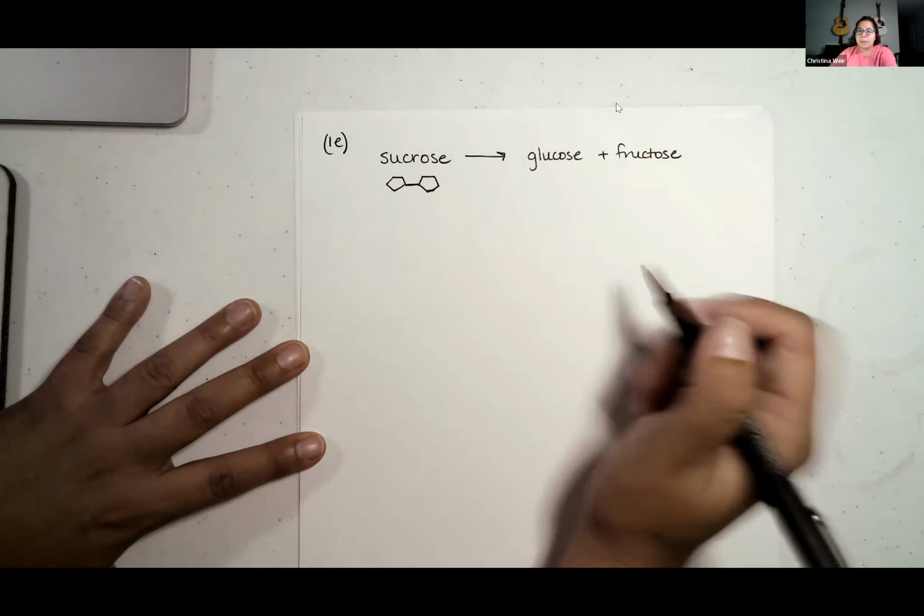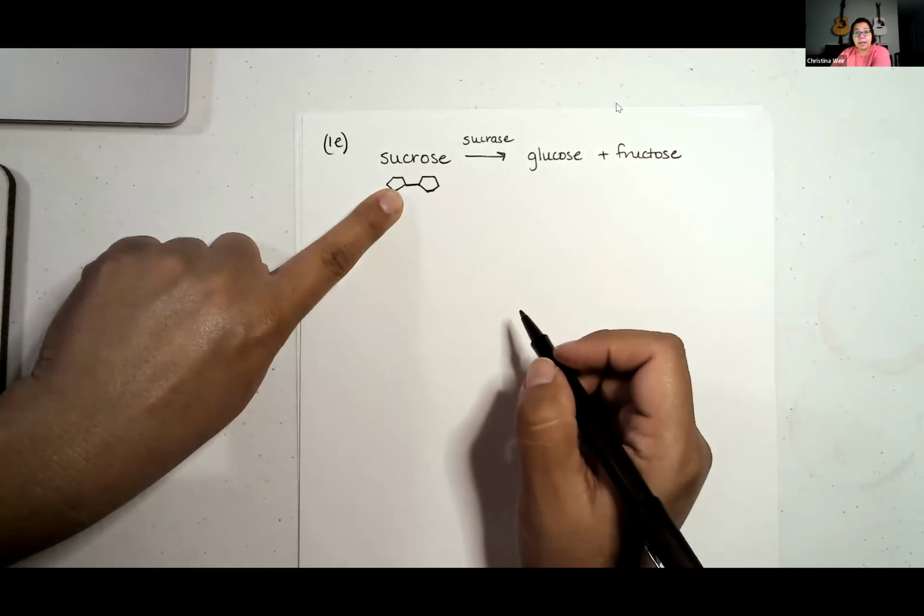If we wait long enough, a really long time, that chemical bond might break down on its own. But we need to break that bond in order to get the energy that's stored in it. So Mother Nature created an enzyme called Sucrase, which breaks that bond down faster.